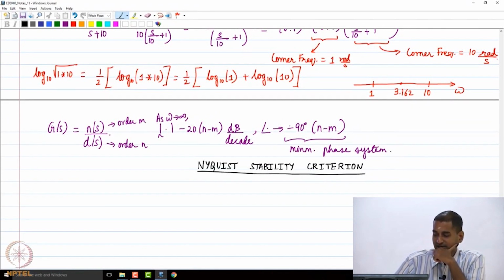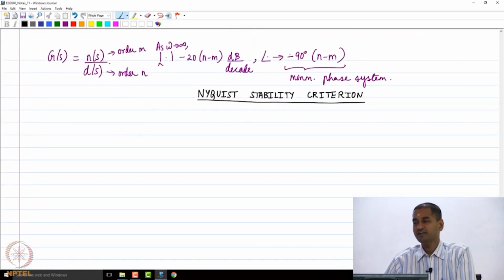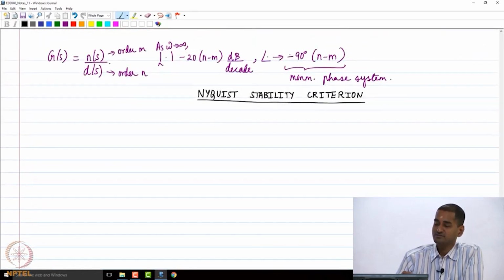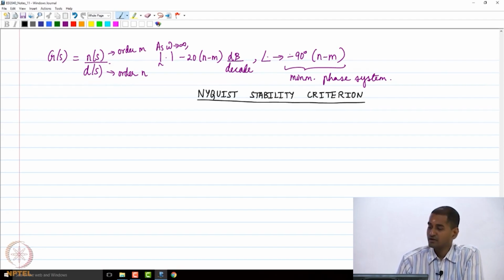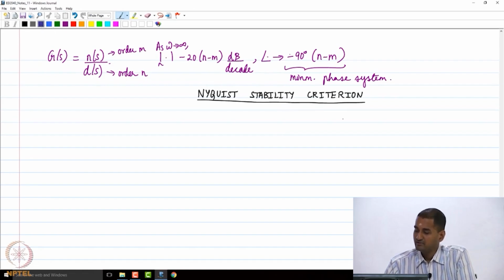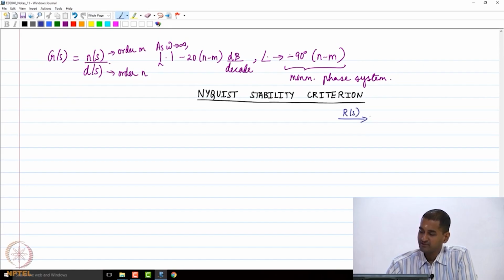One important application of the Nyquist plot is to figure out the stability of the closed loop system. If you recall our block diagram of the closed loop system that we have been looking at, the forward path transfer function was G of s.